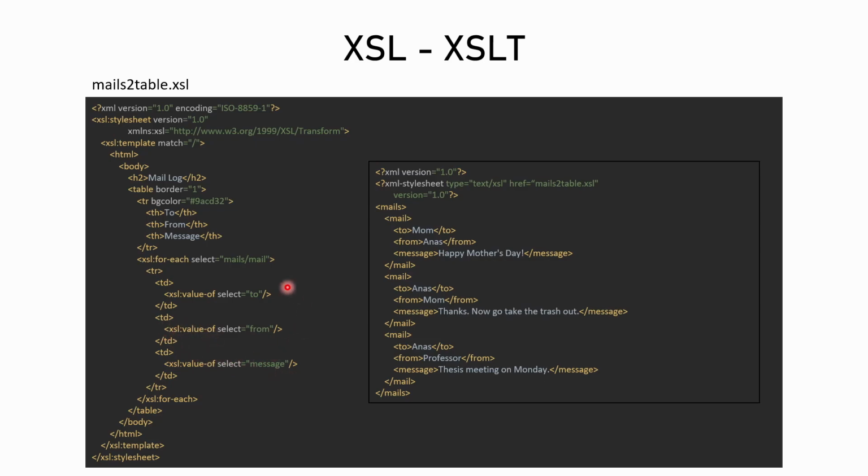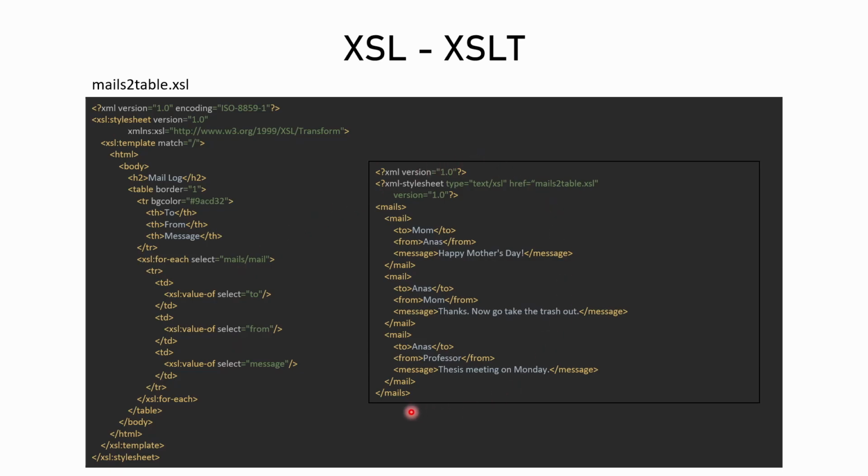Notice that we only wrote them once here, right? Even though we have 3 instances of this mail element, we have to write them only once in this case because we are looping through them, all right? So after finishing the table row element, we finish our xsl:for-each element as well, and we write down the closing tags of all the other elements as well.